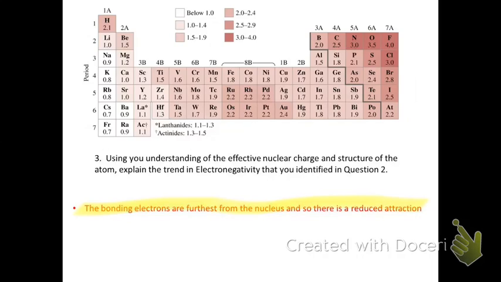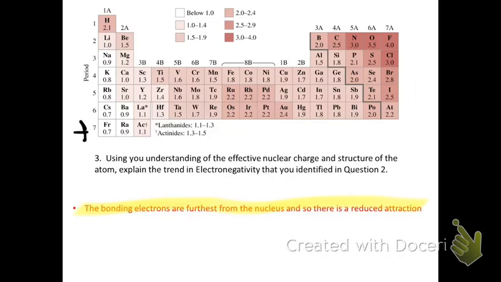It's because the bonding electrons are getting further from the nucleus, and so the nucleus has less attraction on the bonding electrons. So francium, its bonding electrons would be clear out there in the valence shell of period 7, so n equals 7, or the 7th energy level, and so those bonding electrons are quite far away from the nucleus.